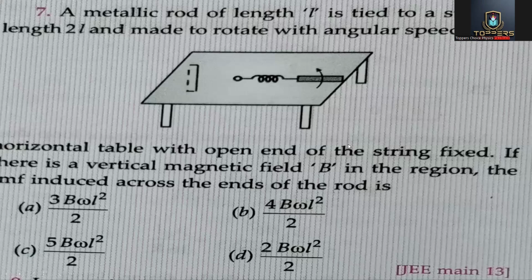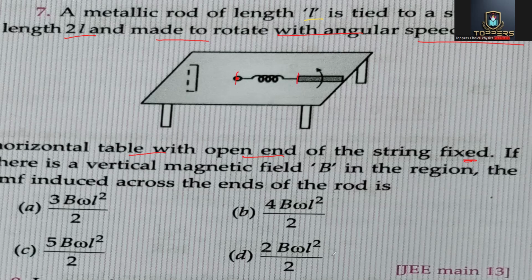A metallic rod of length L is tied to a string of length 2L and made to rotate with angular speed omega on a horizontal table with the open end of the string fixed. Look at here. The string is fixed from the origin to this point.